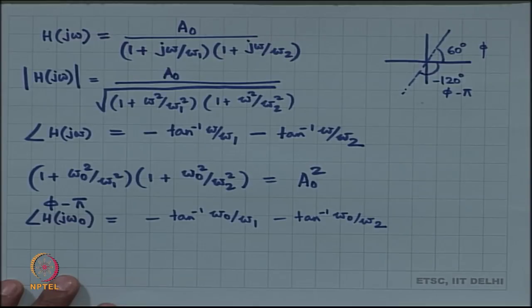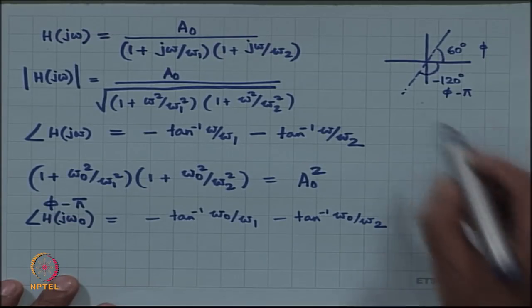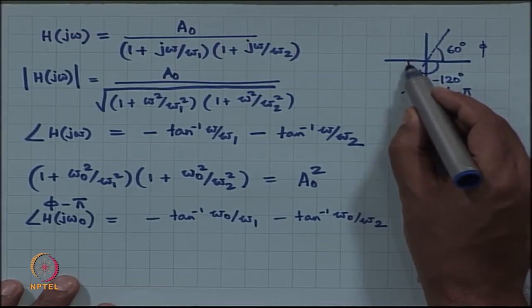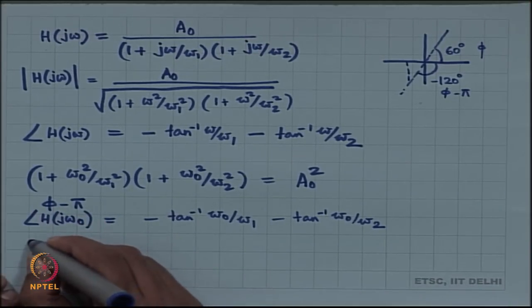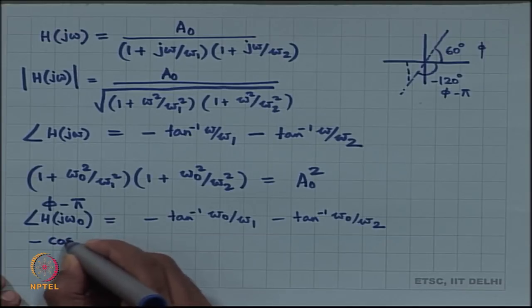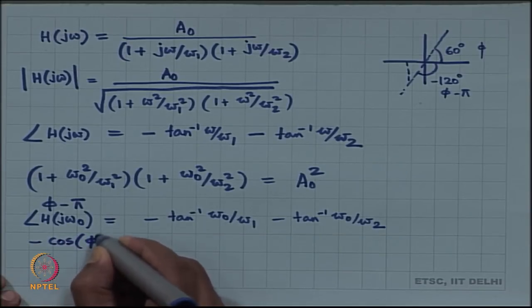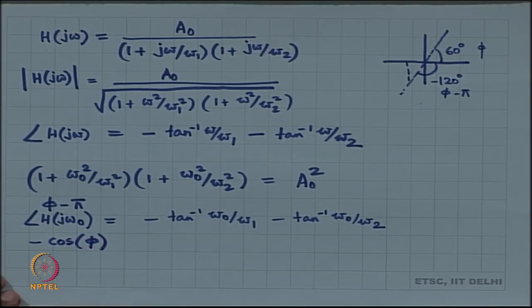Yes, cos is base by hypotenuse, right. Here the base is negative, the hypotenuse still has a positive value. Therefore, cos is going to be negative. So, this is going to be minus cos of phi.